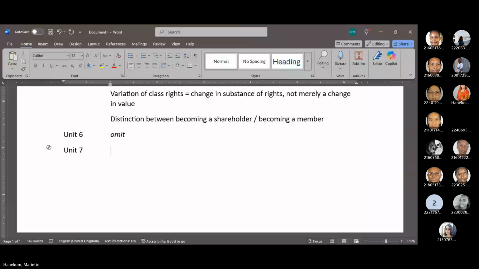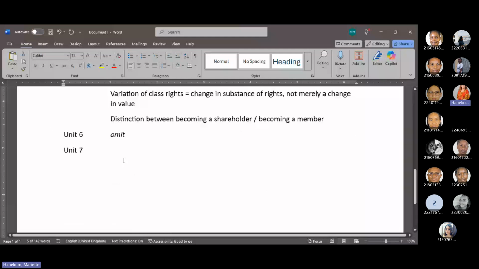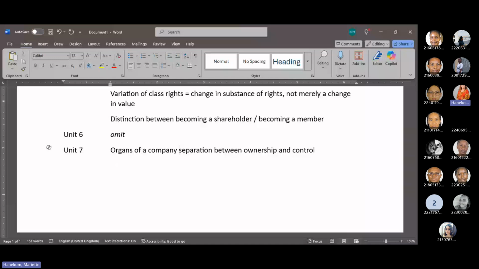It takes us back to this thing. It gives more information about the organs of a company. The organs of a company are your board of directors on the one hand and your shareholders, members in general meeting on the other hand. Who is the boss of them? Neither one of them.